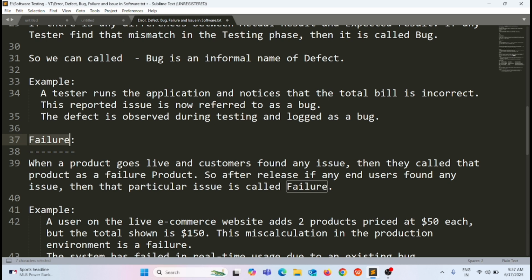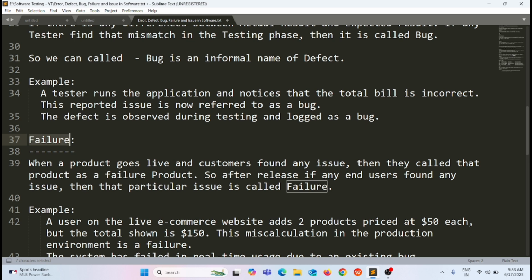Now we deployed. Now the customer is checking the same application, and when he wants to log in, it's not redirecting to the dashboard page. Instead of the dashboard page, it redirects to some other page, let's say the home page. That does not match the expectation, that was not the customer requirement.